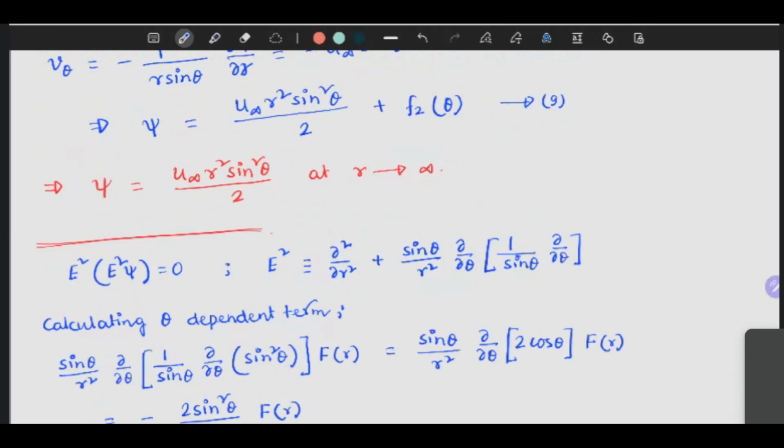So we can write this as f of r sine square theta.